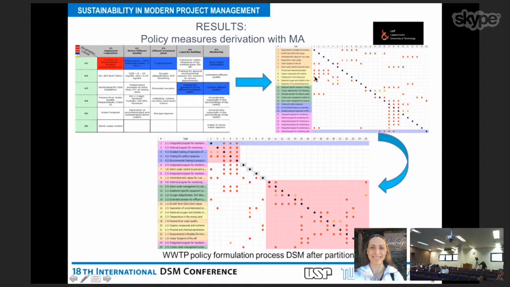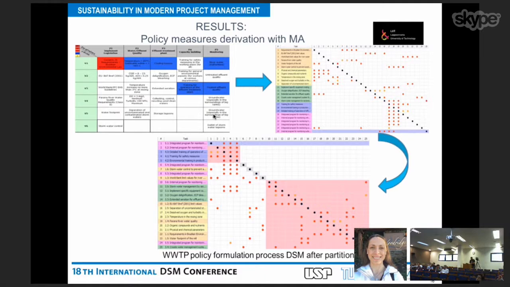Further, we build the design structure matrix to see what is the connection of this policy, how we can deal with this, and what is the situation with this policy in the design structure matrix.